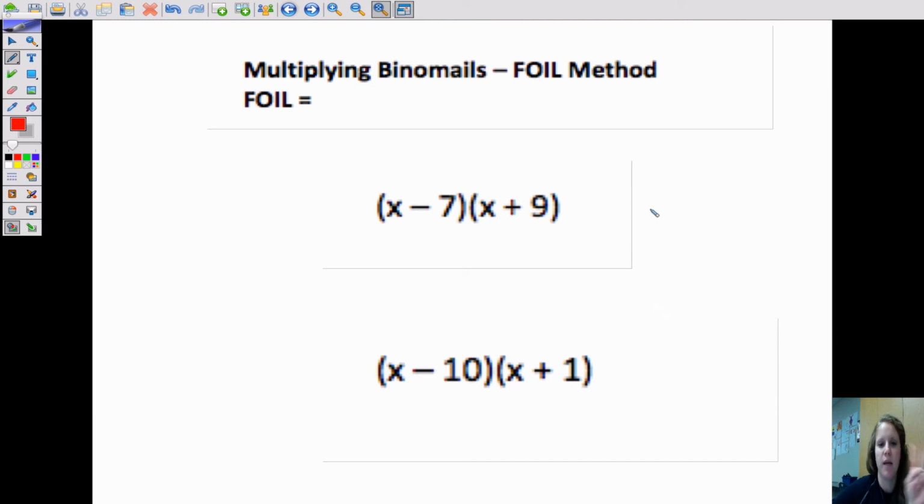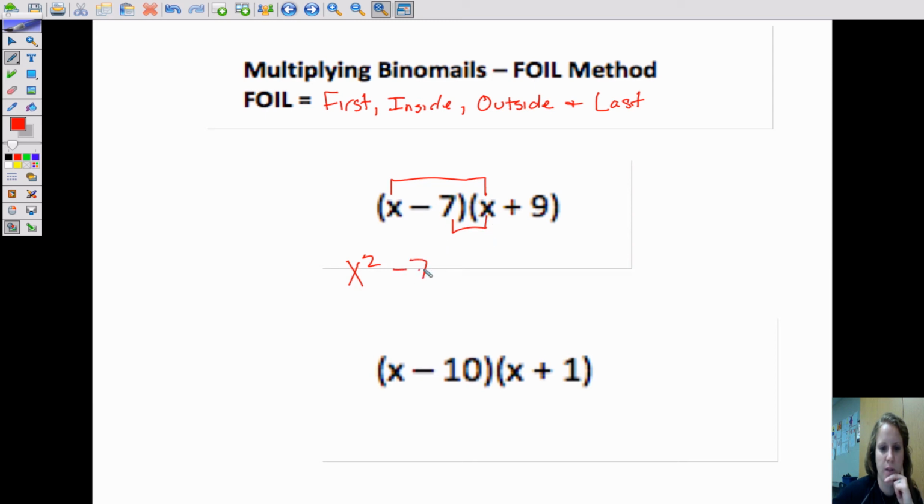When we are multiplying 2 binomials, so binomials mean there's one term, 2 terms, we use a method called FOIL. FOIL stands for first, inside, outside, and last. And all that means is that we can multiply the first term in each binomial, so that would give us x squared. Then we multiply the inside term in each binomial, so that would give us negative 7x.